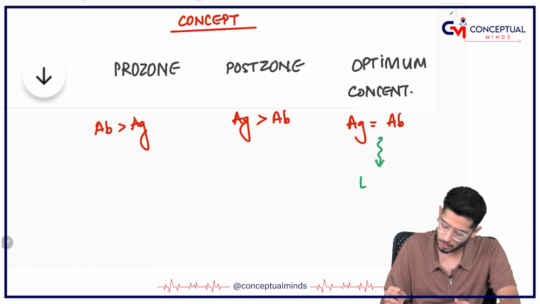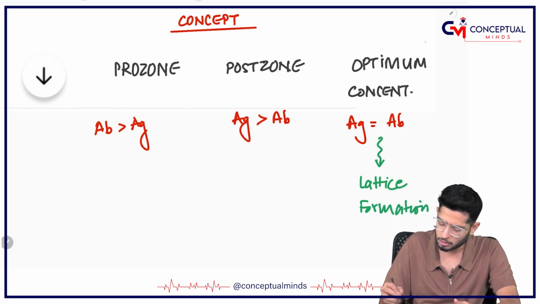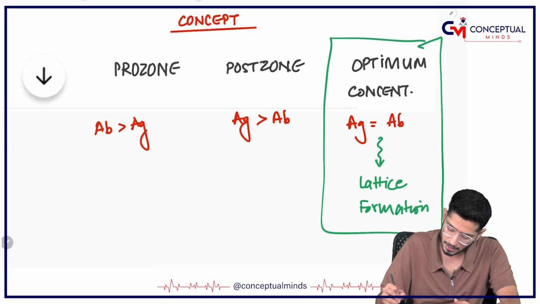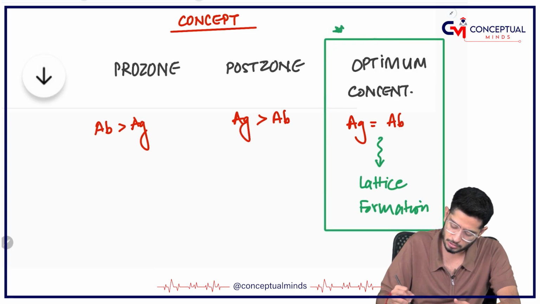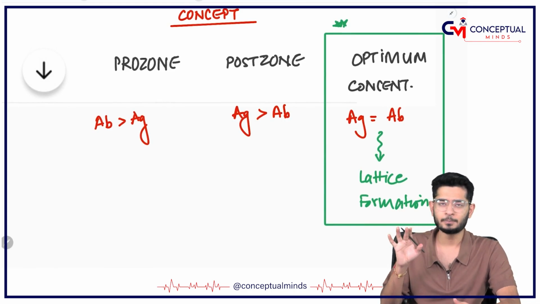That leads to lattice formation. Now, lattice formation you just have to memorize, no need to go into the detail, but please go into the detail of prozone and postzone.